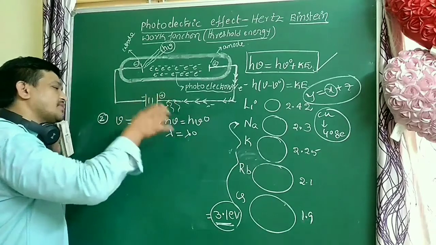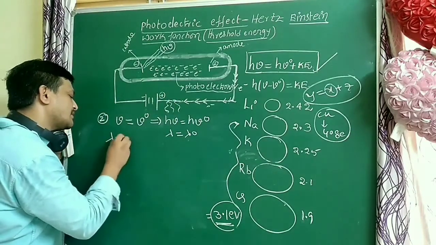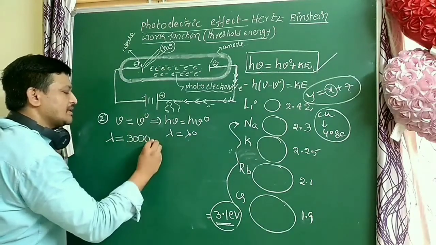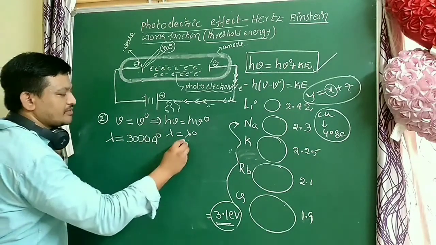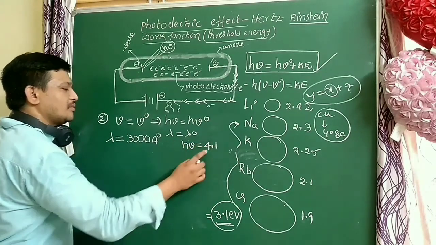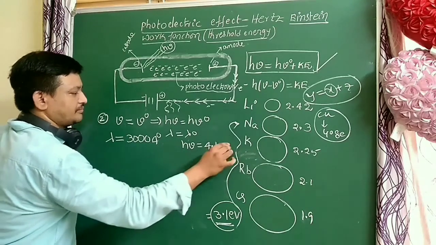Based on this phenomenon, take an example. Here the light wavelength is 3000 angstroms, and the threshold energy is again the same value, 4.13 electron volts.